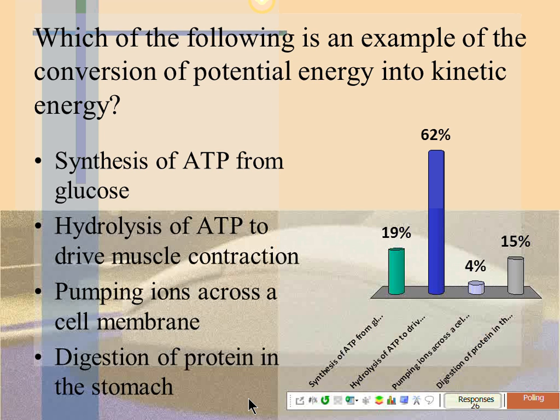It's a stored energy molecule kept inside, and when the body needs it, it is used. Its hydrolysis is when ATP is broken down and muscle contraction is brought about. So that is the example of a conversion of potential into kinetic energy.